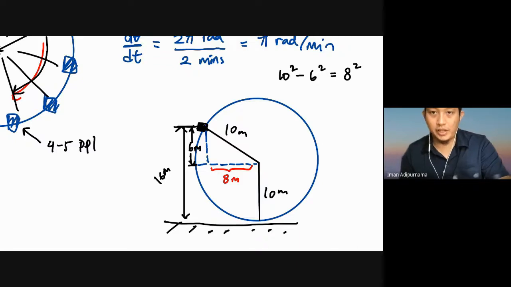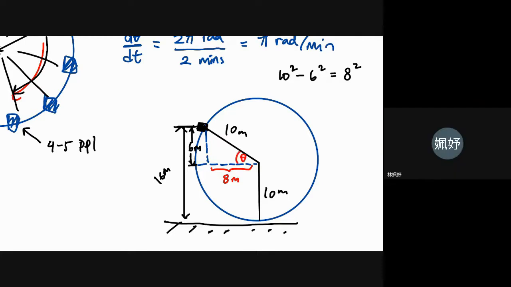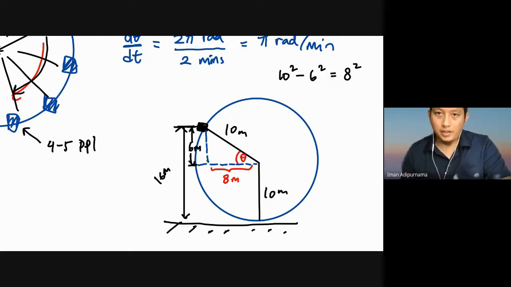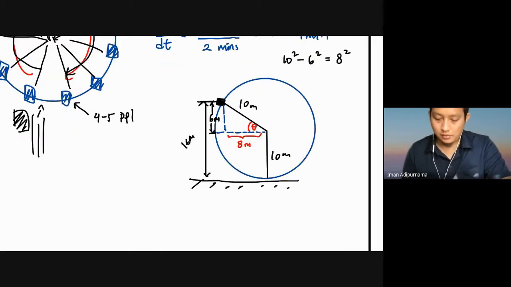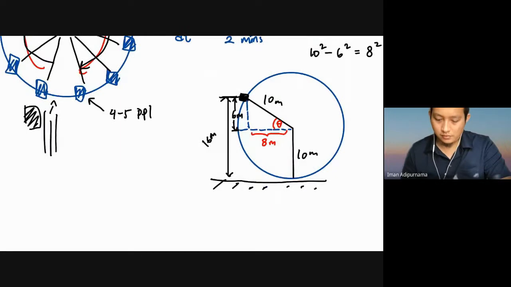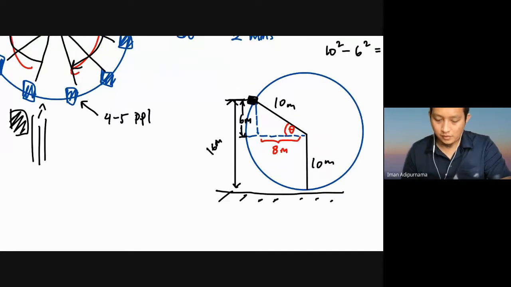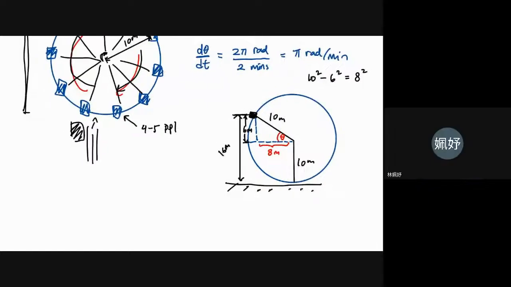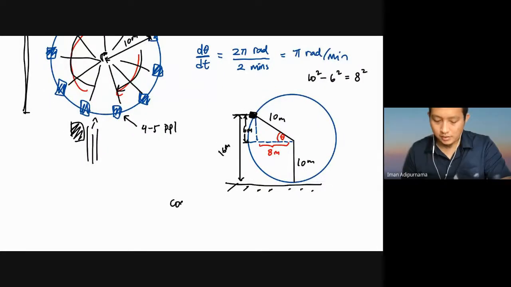So this will be 8 meter. And if the angle here is theta, then cos theta is 8/10, sine theta is 6/10.